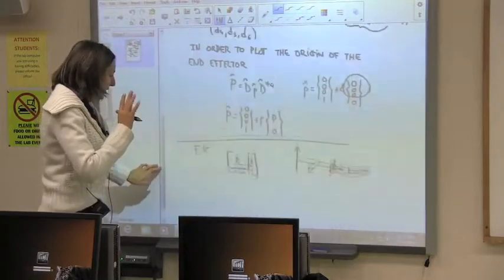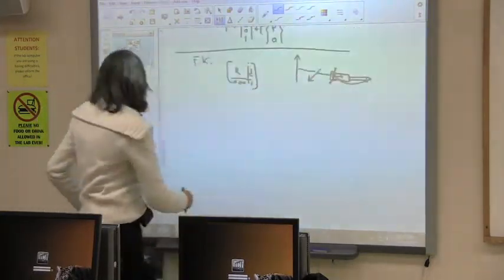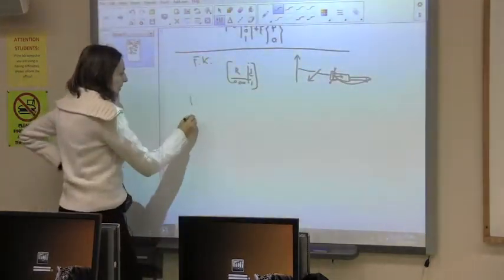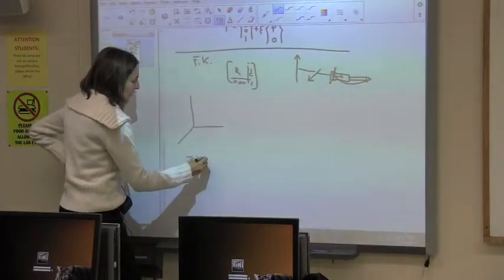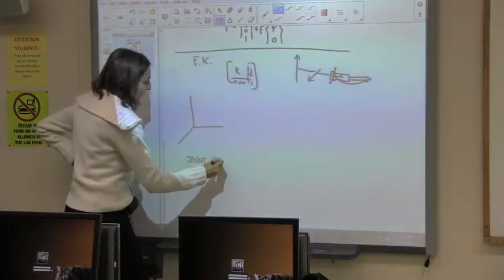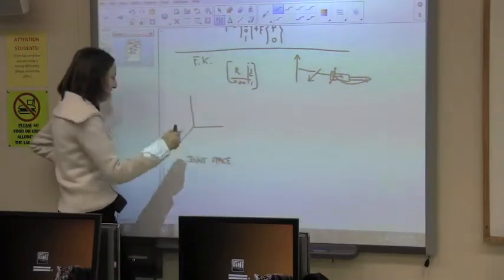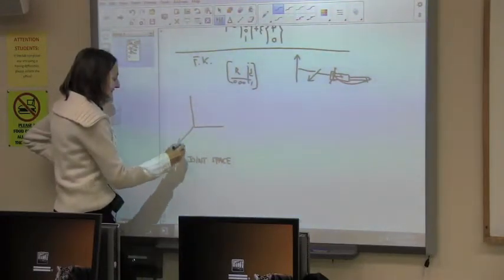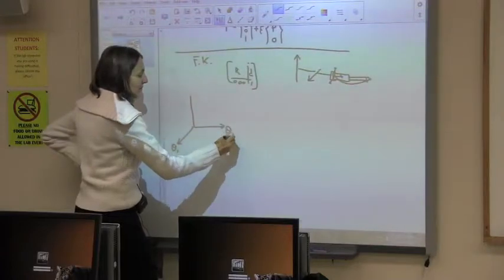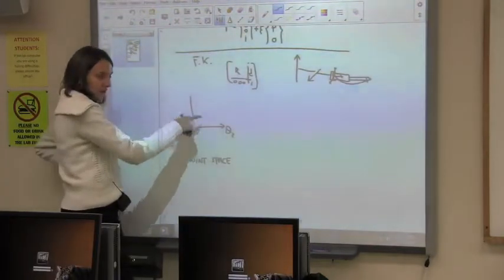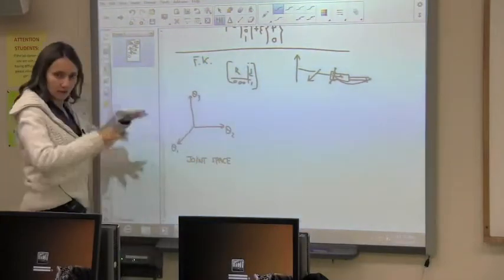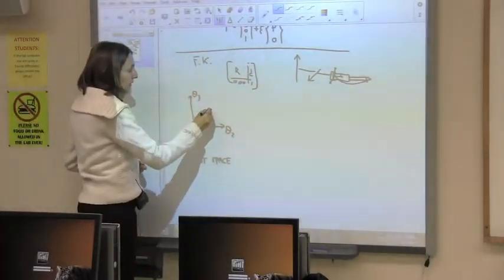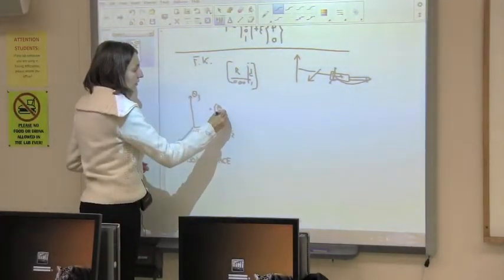So let me just, I don't know if this is going to help or not, but here we have our joint space, okay? We always get distracted and then we never have time to finish anything. Anyway, each axis is one of the coordinates, right? Theta 3, and then you have 6 degrees of freedom, a 6-dimensional space, and every point is a set of joint variables, right?